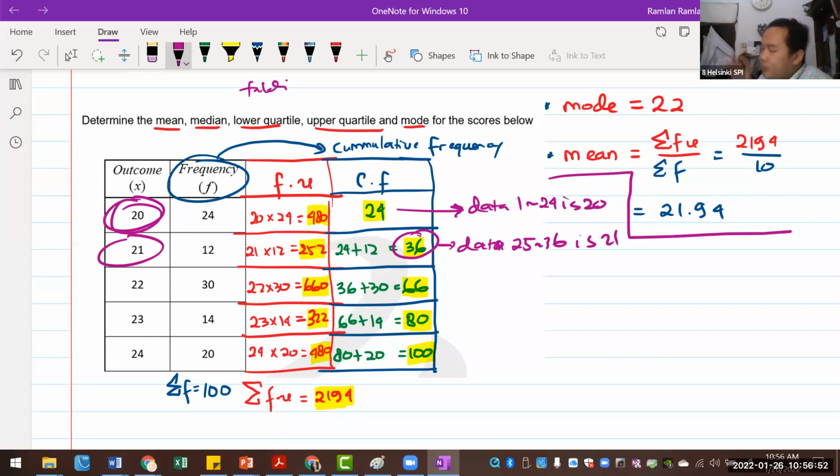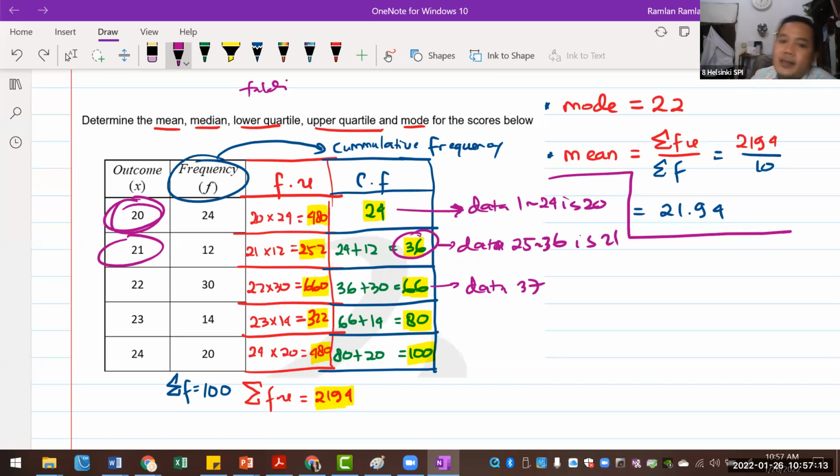Right? Okay, so we really need to understand this, okay? Because this is going to be very crucial for you to understand where we will get the median and the quartiles, and so on. So I'm gonna write down all of these. So this one is going to be data number 37 because we end up with 36.